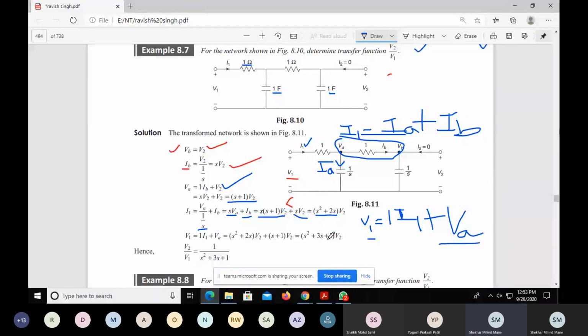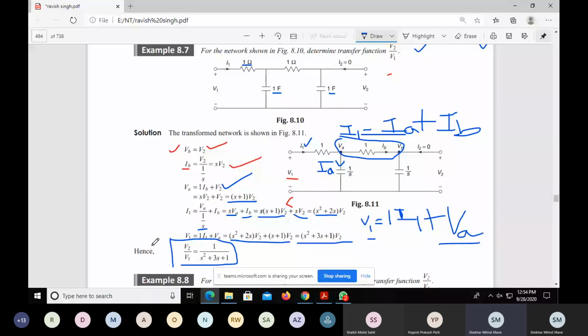VA we know in terms of V2, S plus 1 into V2, and I1 is S square plus 2S into V2. So finally we get S square plus 3S plus 1 into V2. If you rearrange the terms, you will get V2 upon V1 is equal to 1 upon S square plus 3S plus 1. So this is the relationship between V2 and V1.